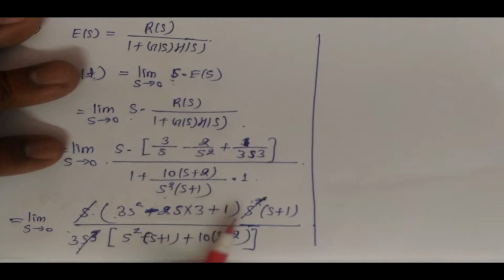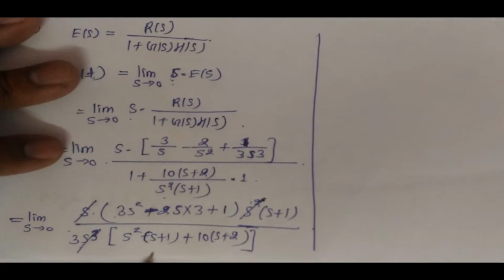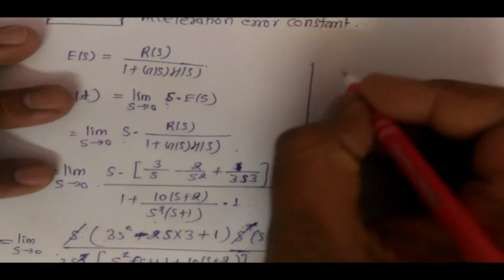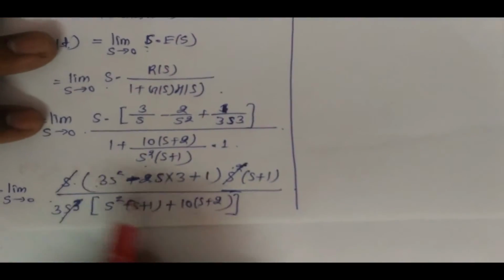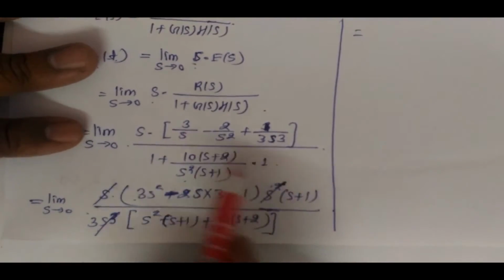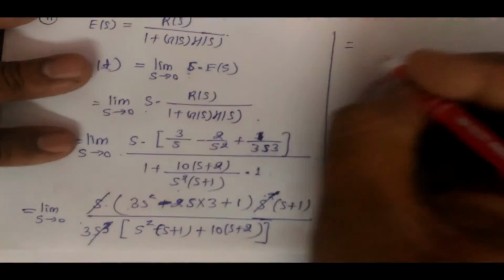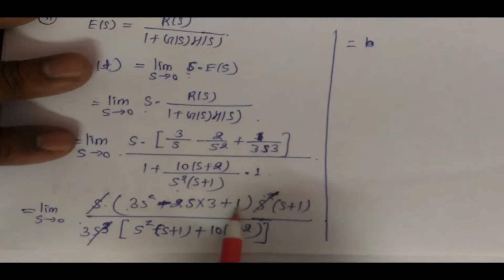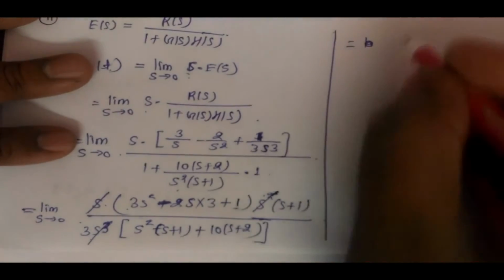This becomes 0, this becomes 1, this becomes 0, means we can put s is equal to 0. If we put s is equal to 0 in this equation, then what happens? Most of the numerator part goes to be 0, but there is the remaining part 1 here.